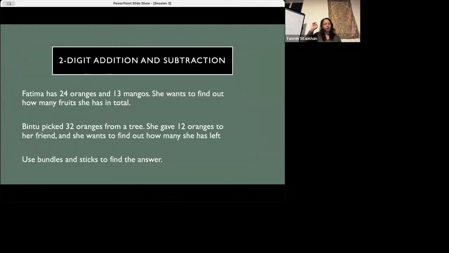So let's just do that first one. Can you all do me a favor? Use your bundles and your sticks to solve this problem. Pretend you are in grade 2. You're just learning about bundles and sticks and place value, and see how you could use your bundles and sticks to solve this problem.